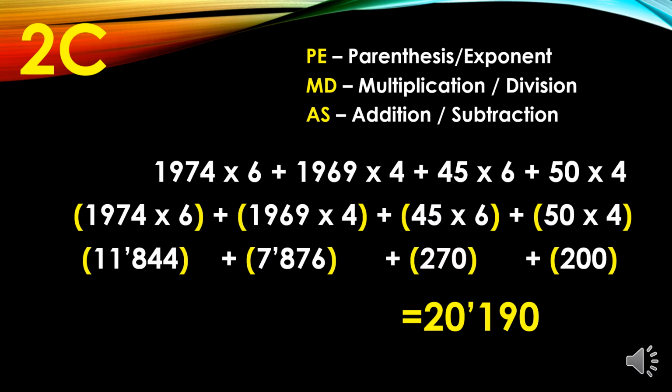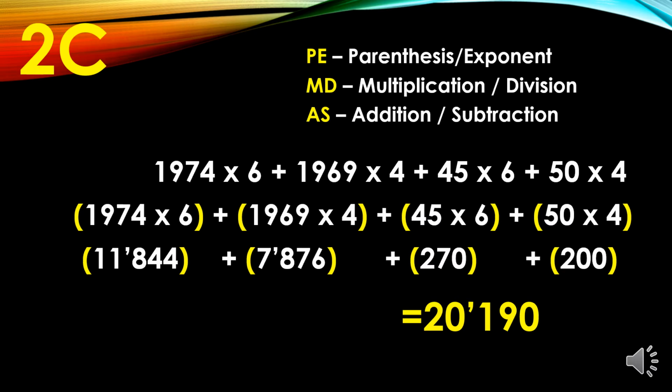So, always remember PEMDAS, wherein multiplication and division are on the same level of precedence. If they are present in the equation, you go left to right. But if one is higher than another, you go for the higher one. For example, multiplication and division are higher than addition and subtraction, but parentheses and exponents are higher than multiplication and division.